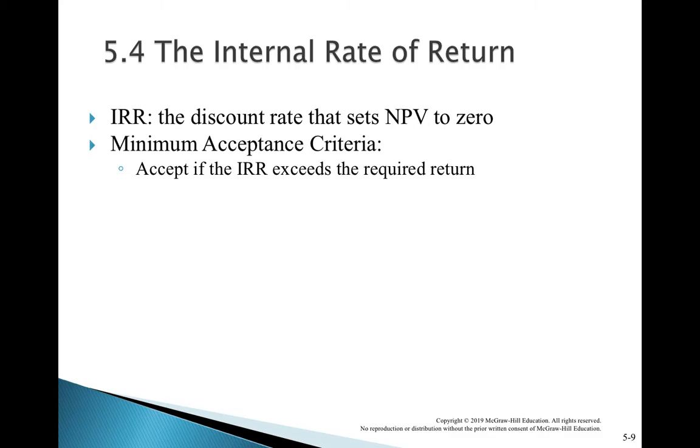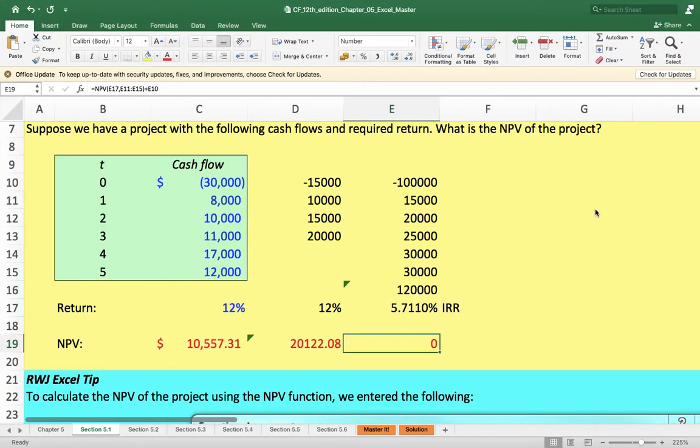For example, your required return is 5% and your IRR is 5.71%, accept. But if your required return is 10% or maybe 12% and your IRR is 5.71, reject.